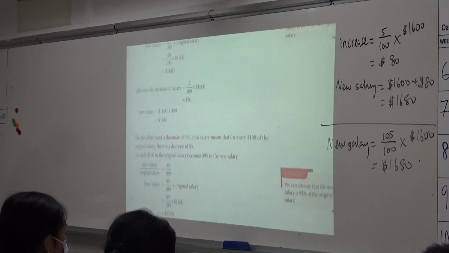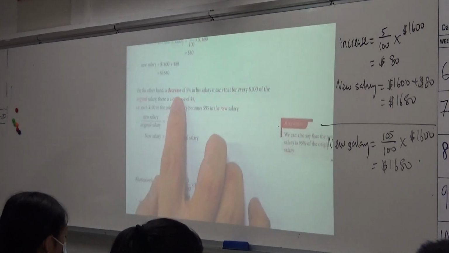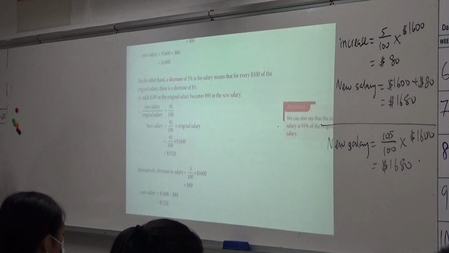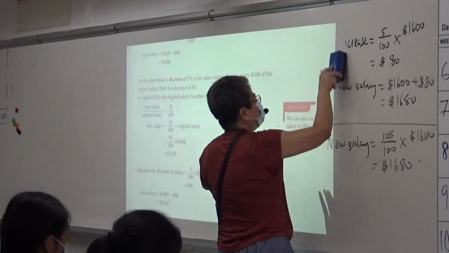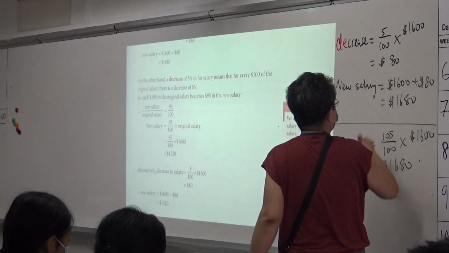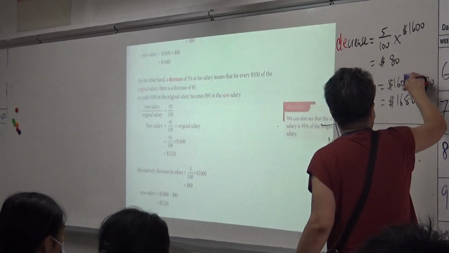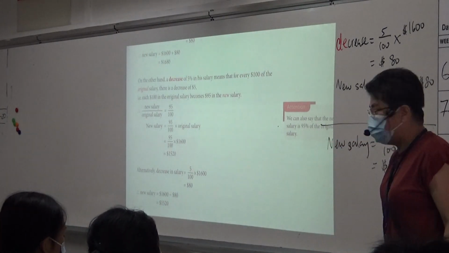Now, on the decrease, if we have a decrease of 5% on his salary, okay, so I'm going to write down here now, I'm going to change this to what? Decrease. 80. So this one will become what? Minus, right? Because there's a decrease, right?